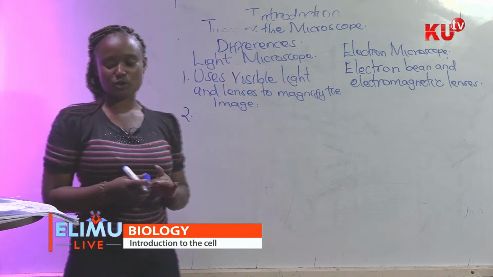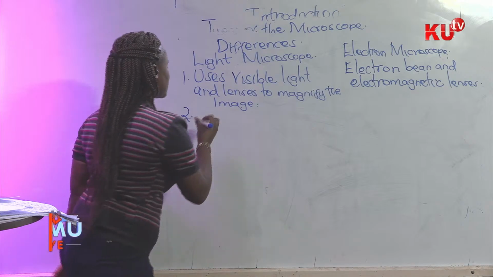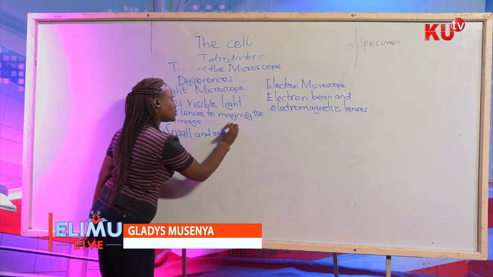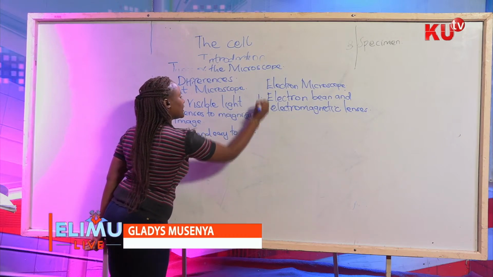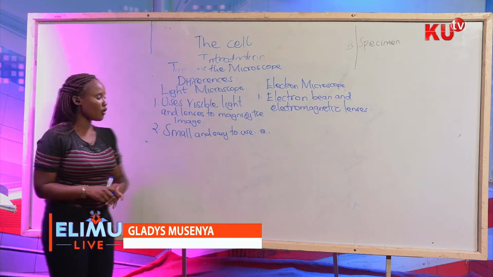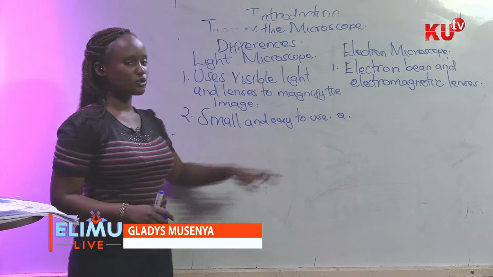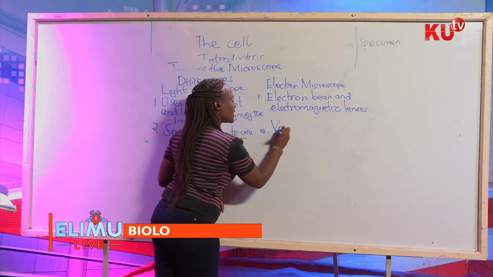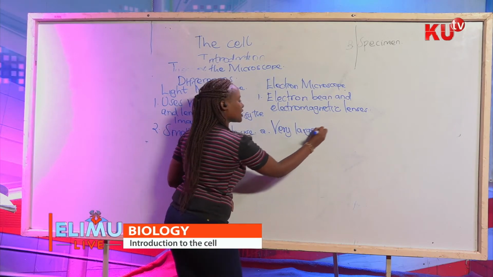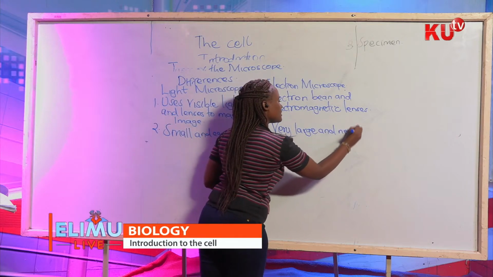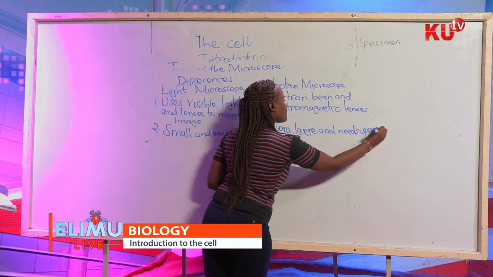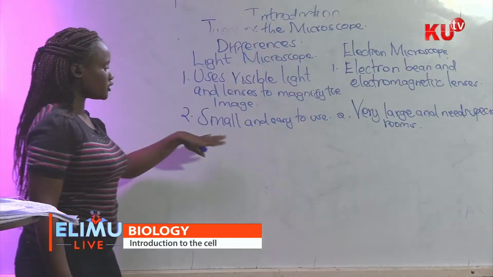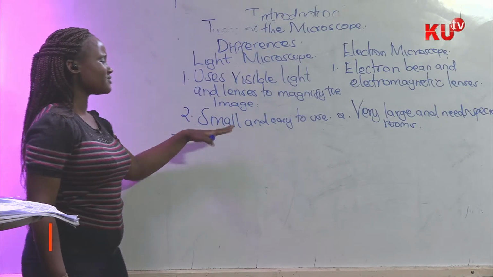The light microscope is small and easy to use, while the electron microscope is the opposite. It is very large and needs special rooms.